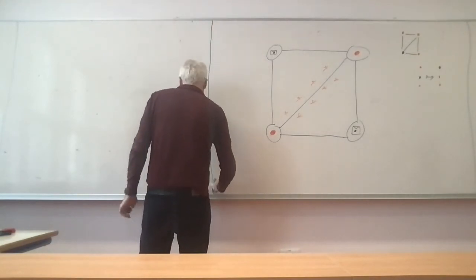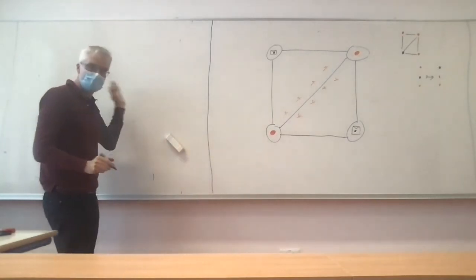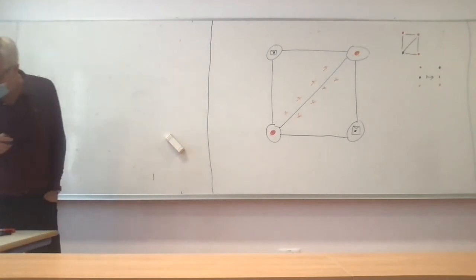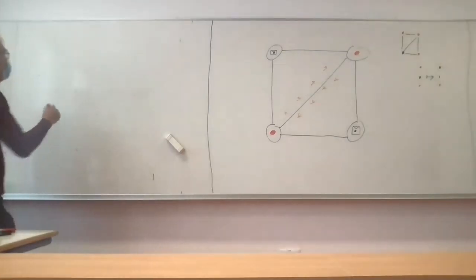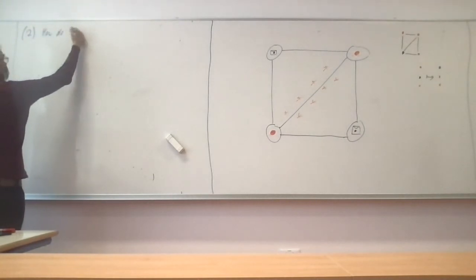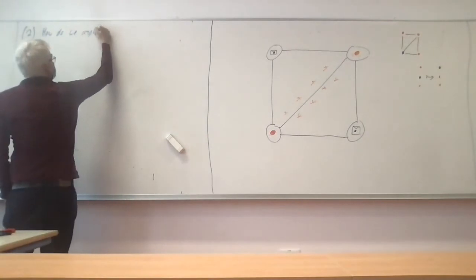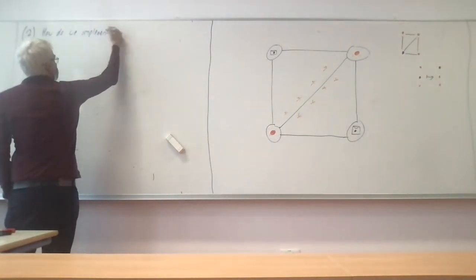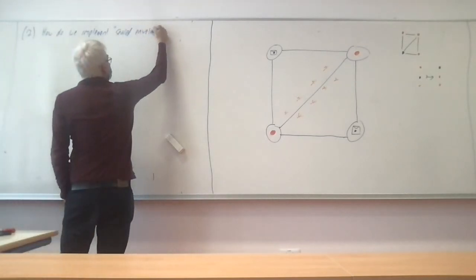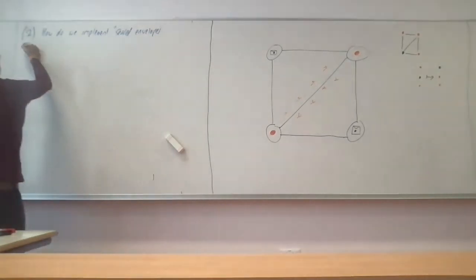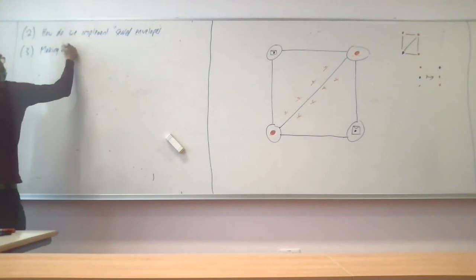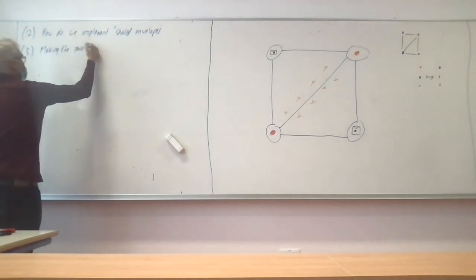But the thing that I think is of most interest is the next bit, which is how do we formulate these sealed envelopes? So anyway, issue 2 is how do we implement on the Turing machine or on a computer a sealed envelope? And question 3 is making the zero knowledge condition precise.